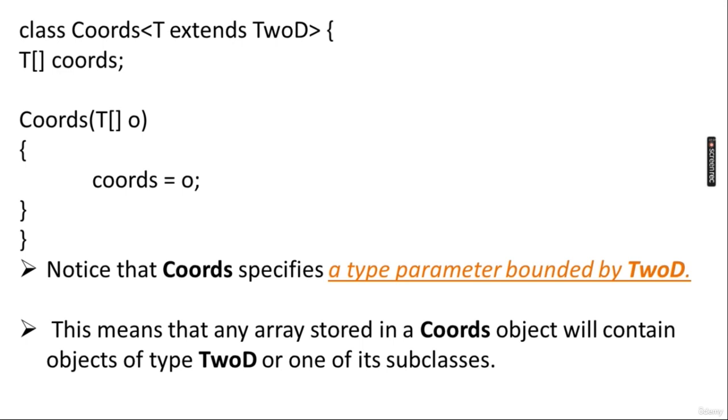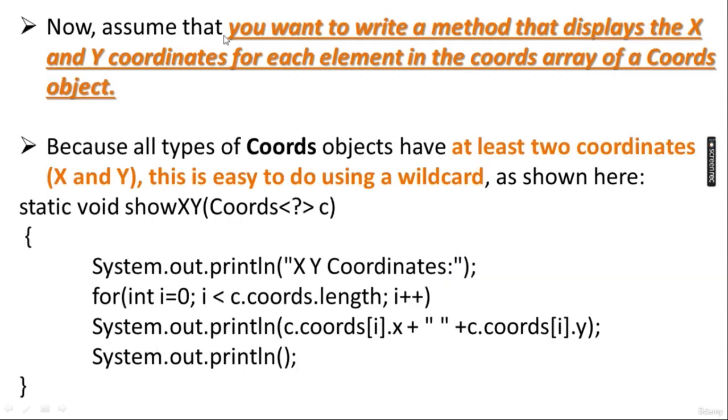The type parameter is bounded by TwoD, so whatever T will be, that will be either TwoD or a subclass of TwoD. So that's why we have written over here T extends TwoD. This is the bounded type. This means that any array stored in a Coordinates object will be either TwoD or a subclass of TwoD.